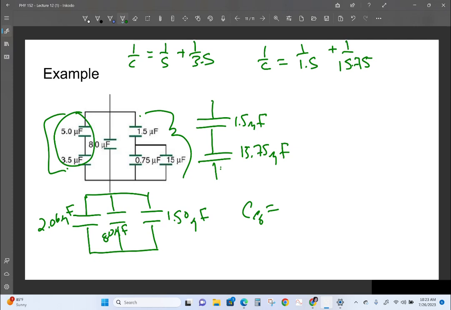So the equivalent for the whole thing is 2.06 microfarads plus 8 microfarads plus 1.5 microfarads. 2.06 plus 8 is 10.06, plus 1.5 is 12.1. So this is going to be 12.1 microfarads.